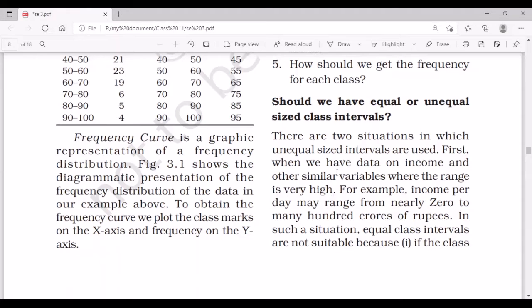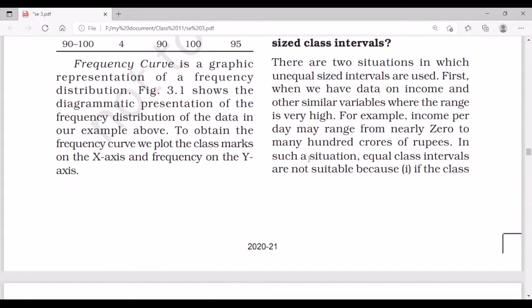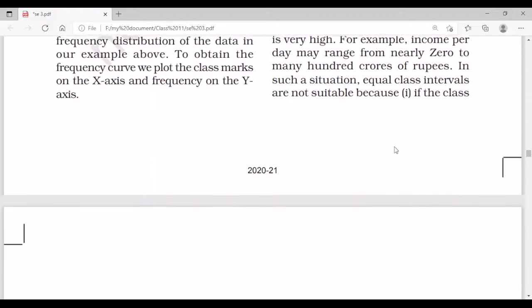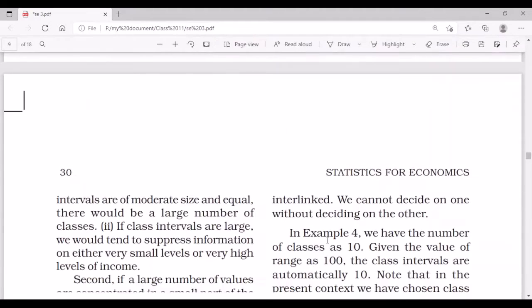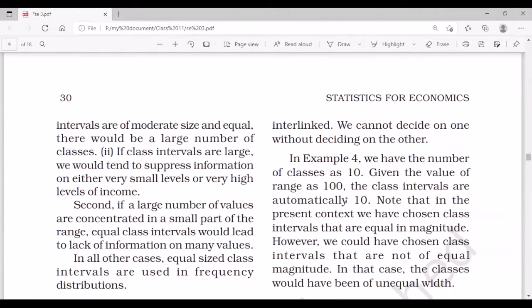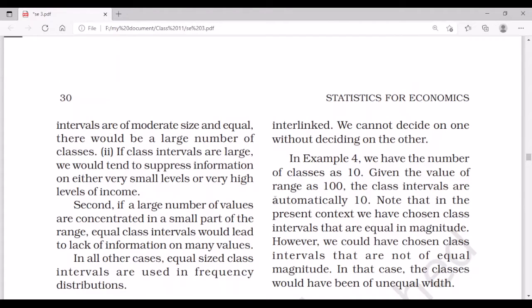In such a situation equal class intervals are not suitable. Because if the class intervals are of moderate size and equal, there would be a large number of classes, right? And if the class intervals are large, we would tend to suppress information.